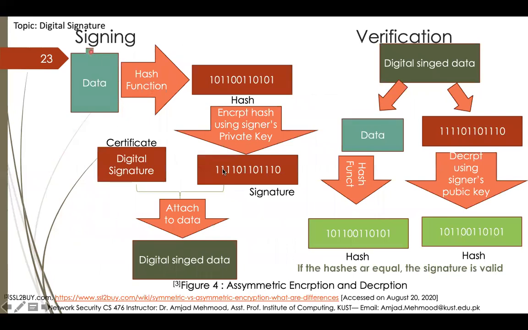Now, this is the whole process. As I mentioned, digital signature is divided into two parts: the signing party and the verification party. So this is the sender and this is the receiver. For example, the signer sends the data, a hash function is applied, and you get this as your outcome. Then this hash is encrypted using the signer's private key, which is the sender's private key.